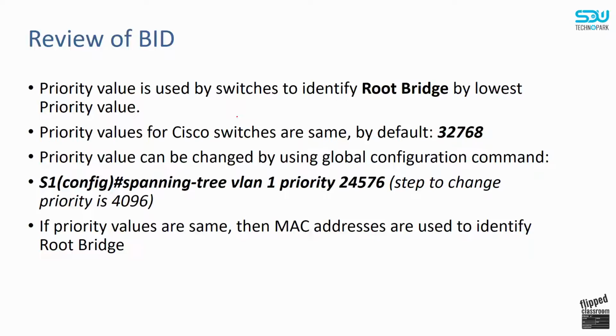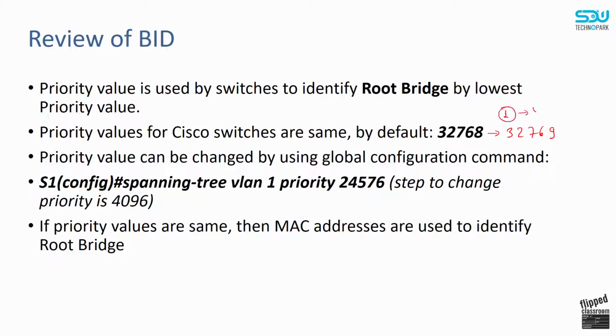Let's take a look at a review of the BID. The priority value is used by the switch to identify the root bridge by the lowest priority value. Priority values for Cisco switches are the same by default. It is 32,768, but you don't have to remember that, since it will be shown to you as 32,769, and you have to know where you get this one.